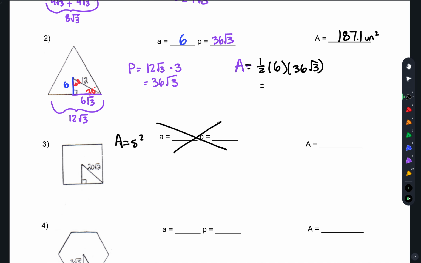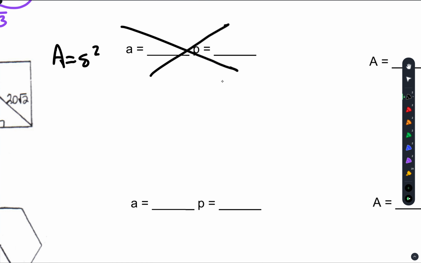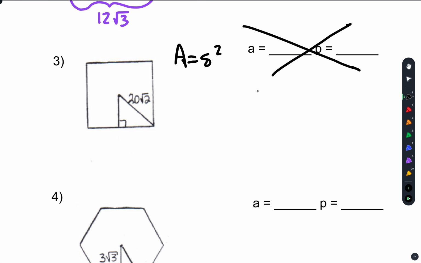So if you have a square and you have some information like this where you can, instead of finding the apothem, find one of the sides, do that. Don't do more work than you have to do. Can you still find the correct answer the long way? Sure. Do whatever you got to do. But I'm going to save you some time here.